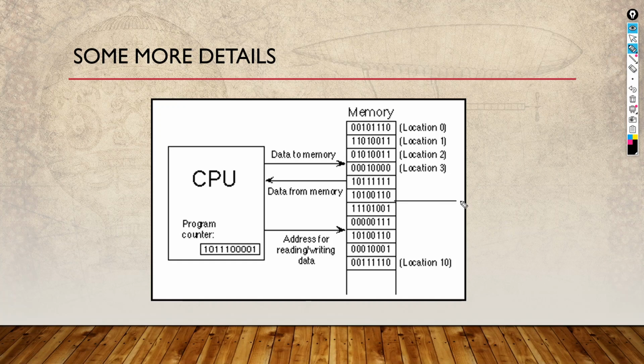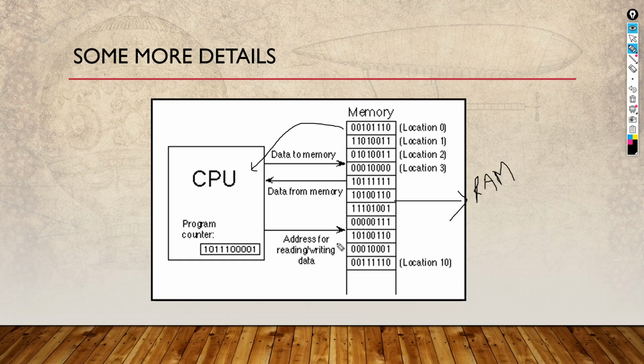As I said, this is a RAM. All the instructions are stored in the RAM, this 0 1 0 1 0 1. This is the CU. It fetches the instruction, decodes the instruction and executes it, and then sends it back to the memory.